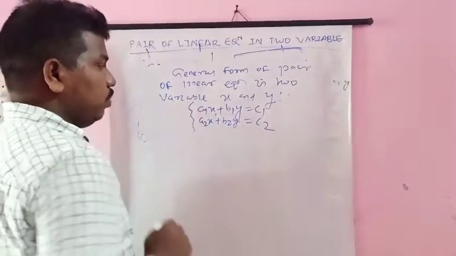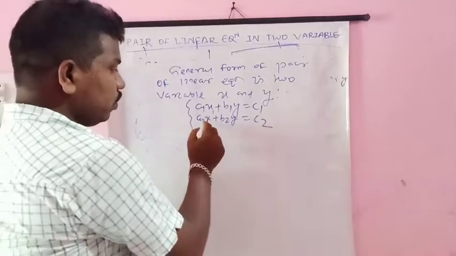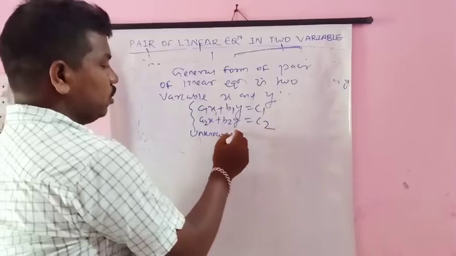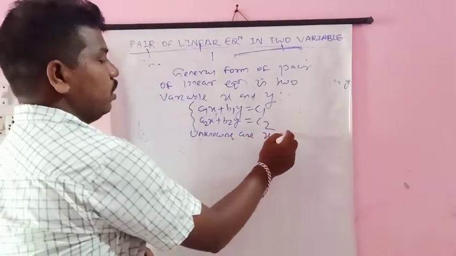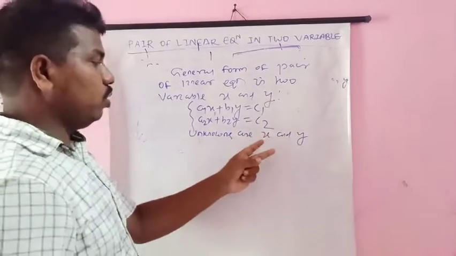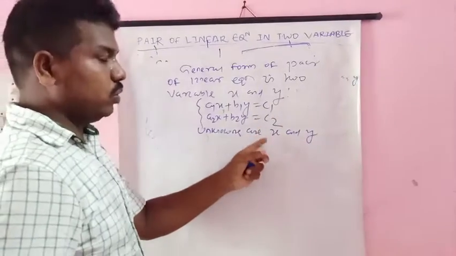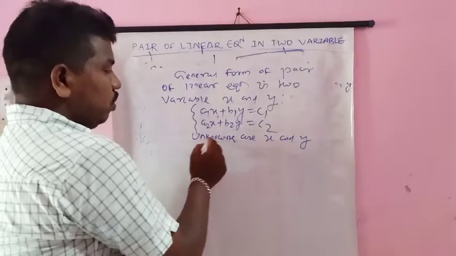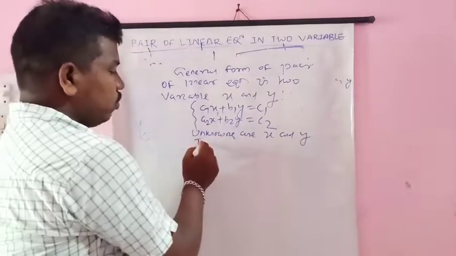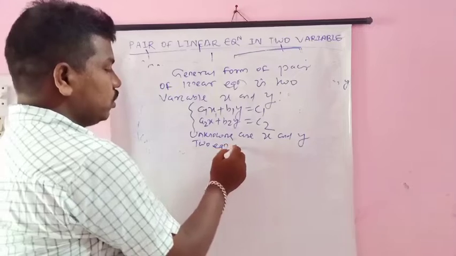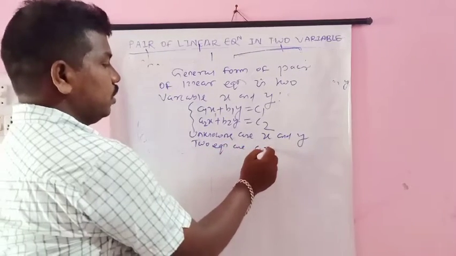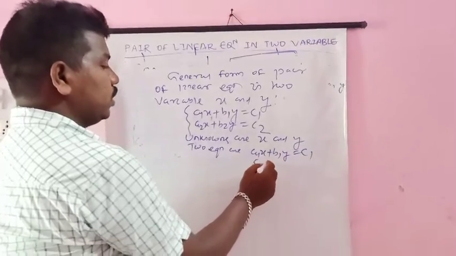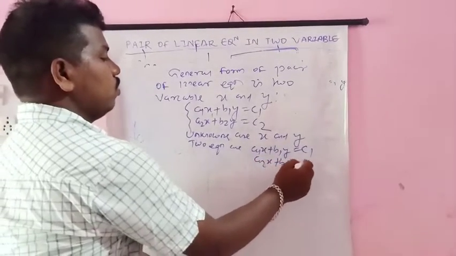In this pair of linear equations, the two unknowns are x and y. That means we have to find the values of x and y. The two equations are a1x plus b1y equal to c1, a2x plus b2y equal to c2.